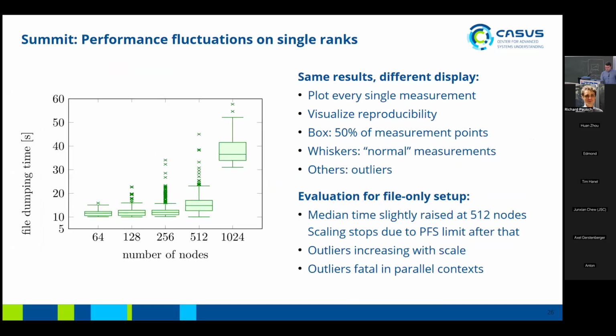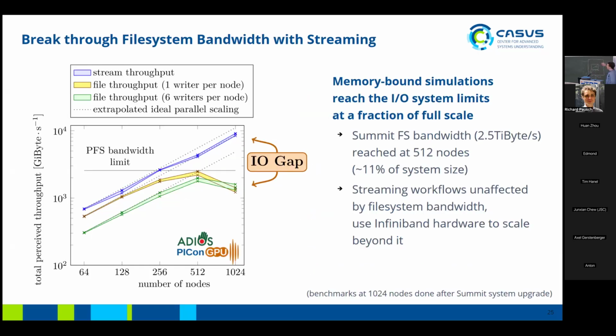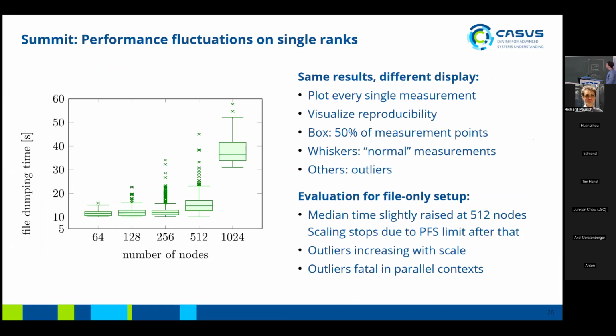Now, if you look at the green line here, we are seeing a different representation for that green line on this slide, where we have on the left-hand side the time that I/O writing takes. And you see that we have at 64 nodes around 10 to 15 seconds.